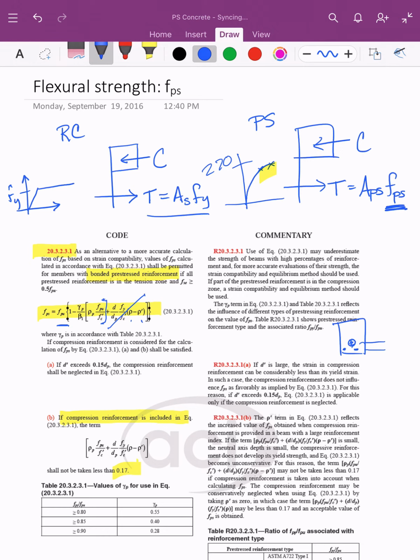So gamma p is down here in this table, and it says if you've got a ratio of yield, which is actually hard to define, somewhere in here is the yield, but there's no perfect definition of yield for this. But if you did that ratio, this is what gamma sub p is.